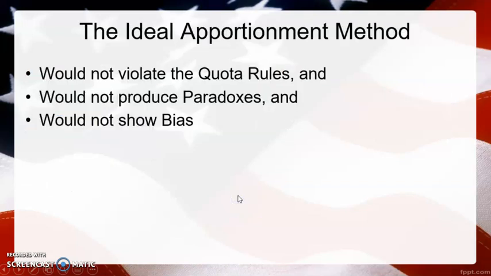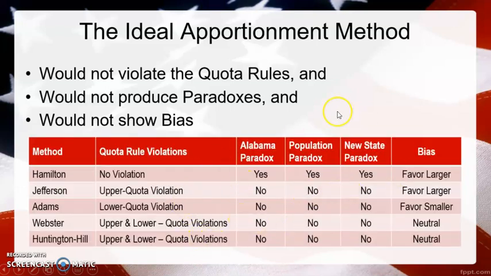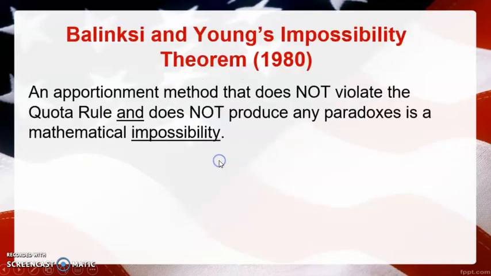Now, obviously, our goal would be to find an ideal apportionment method which would not violate the quota rules, would not produce any paradoxes, and would not show any bias. But what we see is that nothing that we have looked at thus far meets all of those requirements. And it turns out that Balinski and Young had a theorem that they have proven that there is not an apportionment method that exists that does not either violate the quota rule or produce paradoxes, because it is a mathematical impossibility.